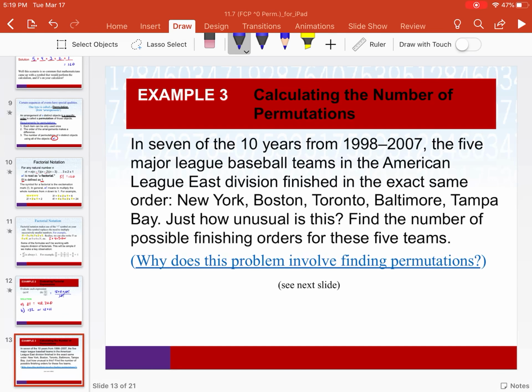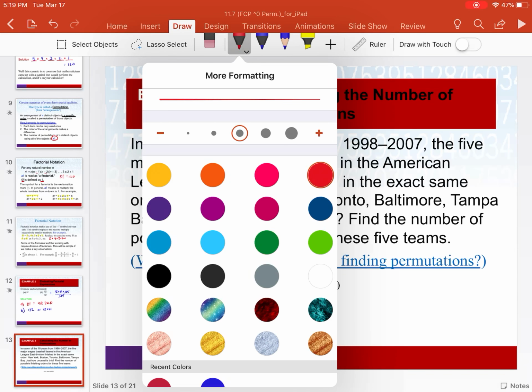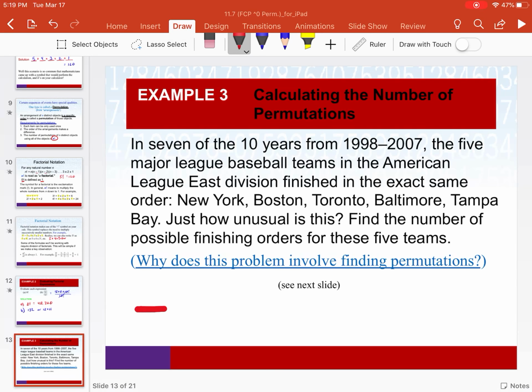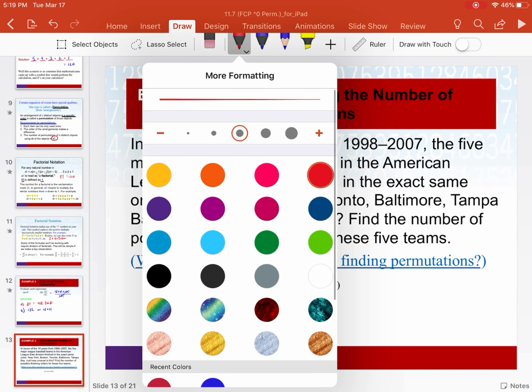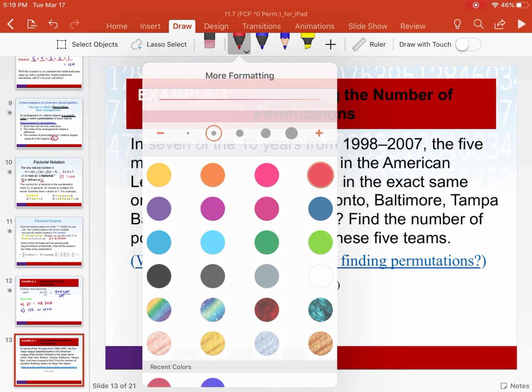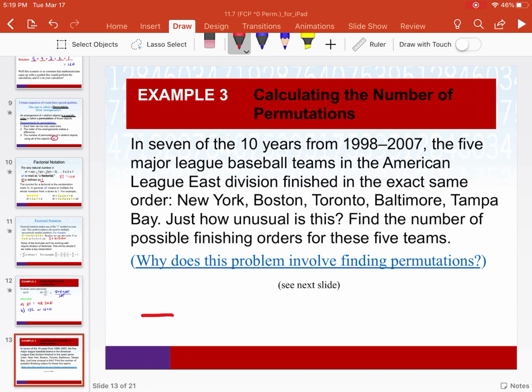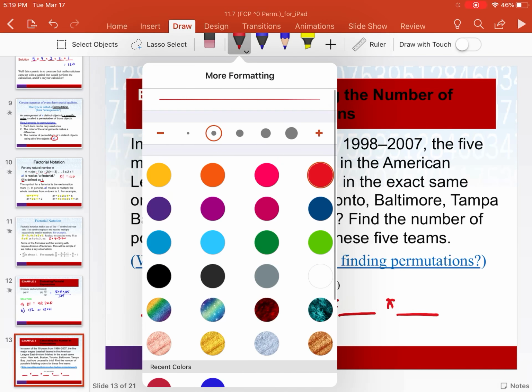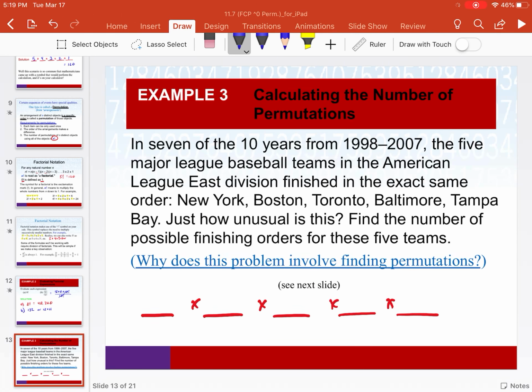All right, so what I like to do is draw spaces for my 5. So how many choices do I have for first place?